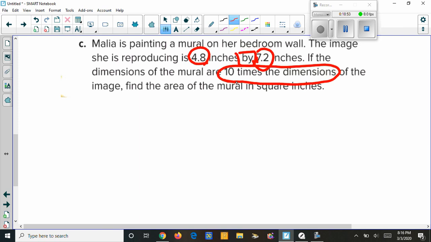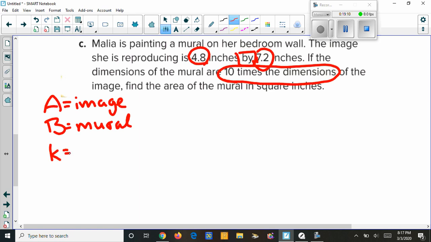So, pieces to know. A is going to be the image, while B is the mural. I also know what K is. K, when it says 10 times, means K is 10. Now we need to find the area of A. And that was given to us when they said 4.8 times, or by, 7.2.